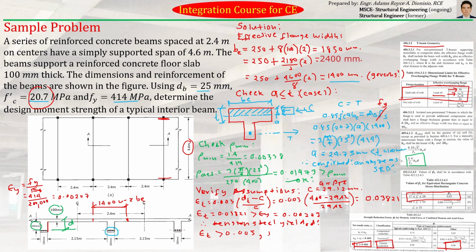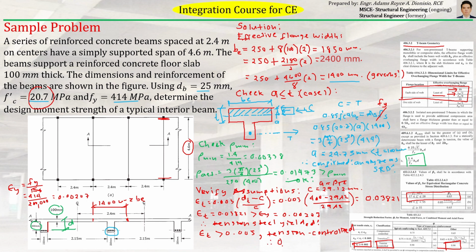So therefore, we can say na tension controlled siya. Tension controlled, therefore ang phi natin is just equal to 0.9. Okay, yun yung kagandahan doon kasi na-compute na natin yung tensile strain niya. So with that, I think we can now proceed with the computation of the moment or the design moment strength.